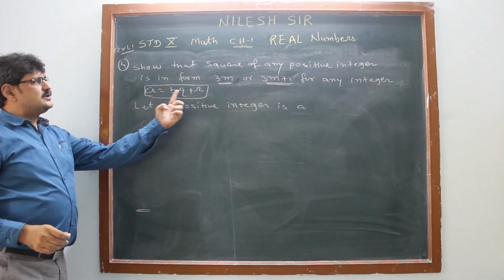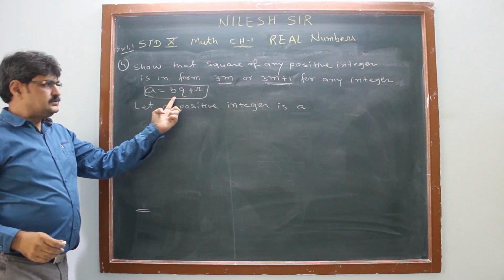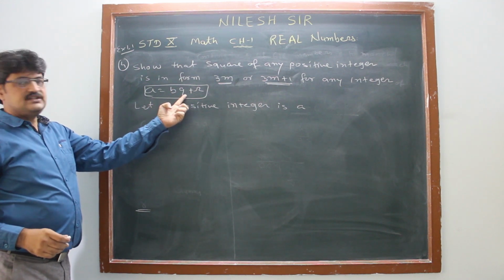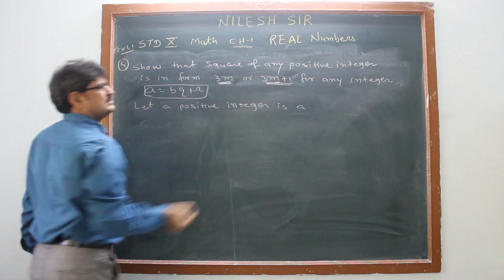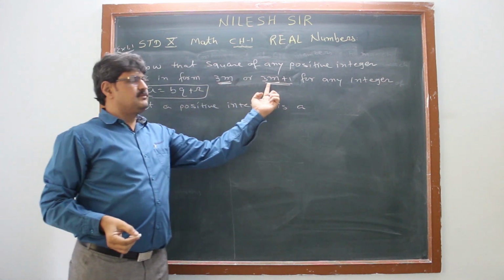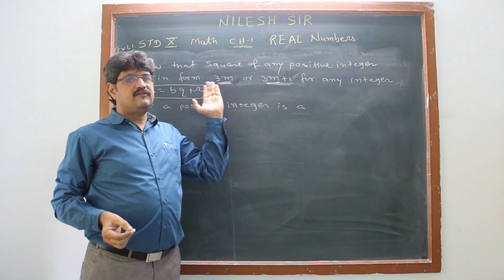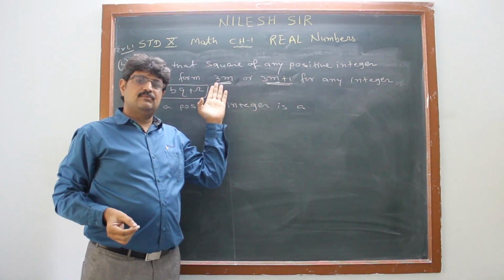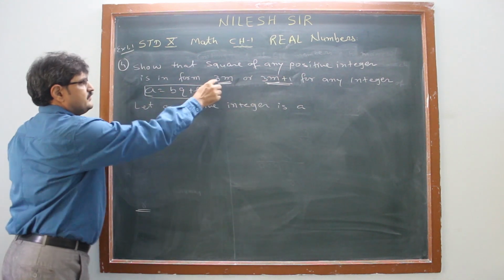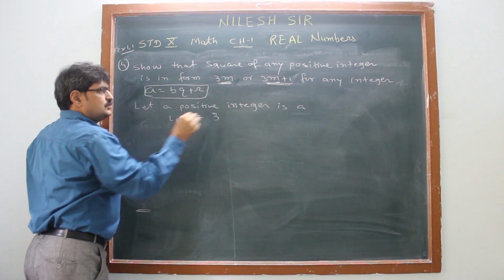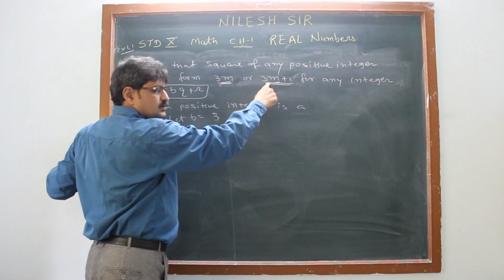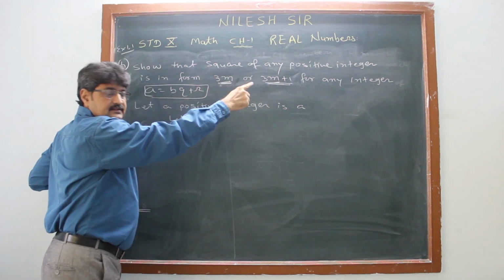a is equal to bq plus r, and as you know, b is the coefficient of q. So here also we should remember that we have to take b as 3 because we want it. If you want 5m or something else, you have to take b as 5. But here we want 3, hence I will write that b is equal to 3. Understood how I have taken b as 3?